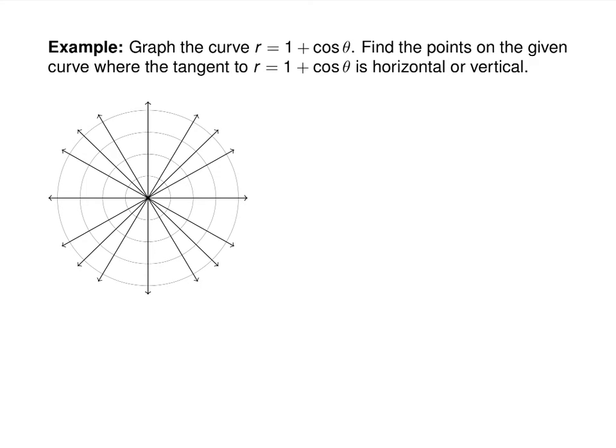All right, now we're going to graph the curve r is 1 plus cosine of theta, and we're going to find the points on the given curve where the tangent is either horizontal or vertical.